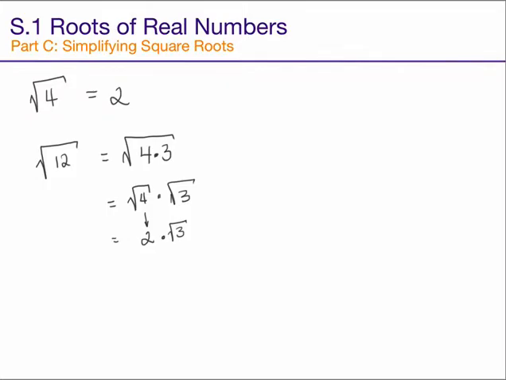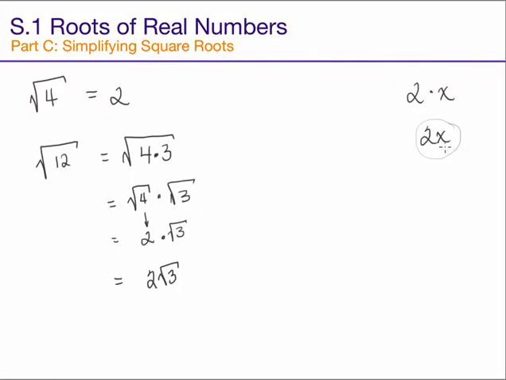In the same way that when I have a product like 2 times x, I tend just to write 2x, I can rewrite this without the dot as well and just write 2 times the square root of 3. Another way to think of 2x is as 2 x's.